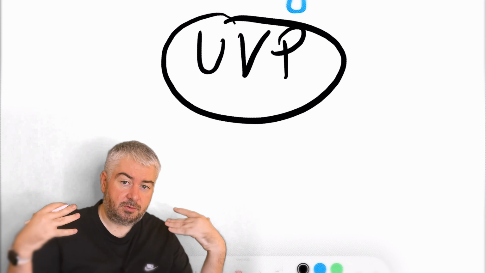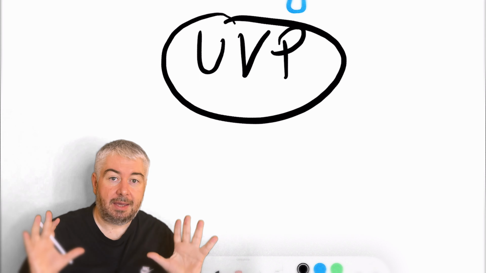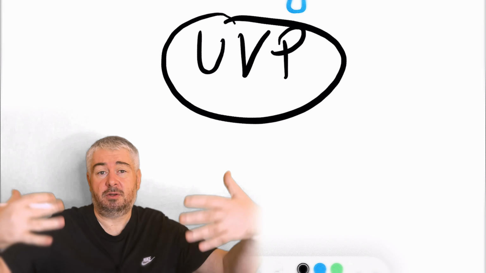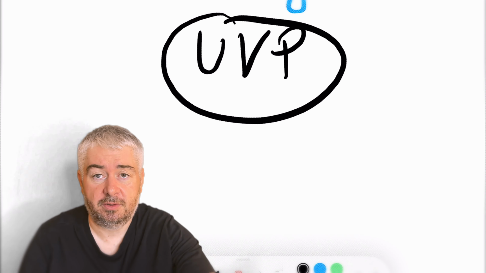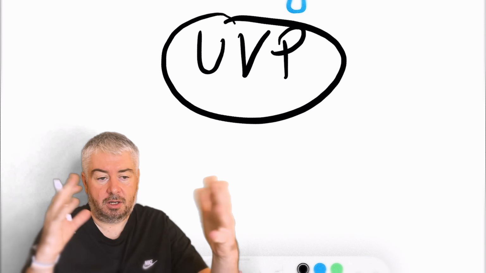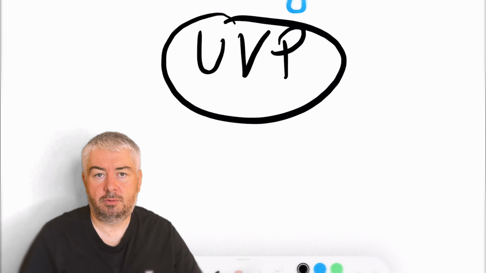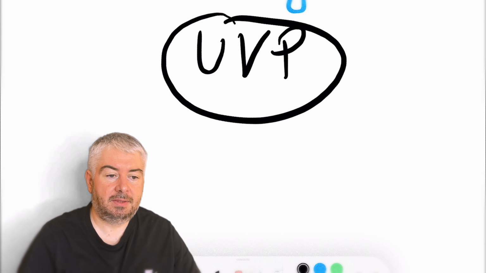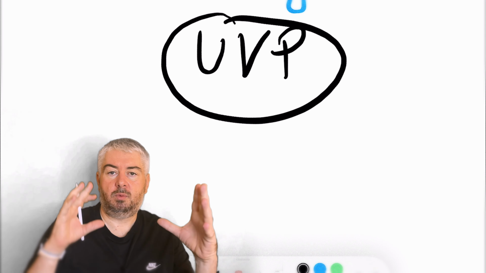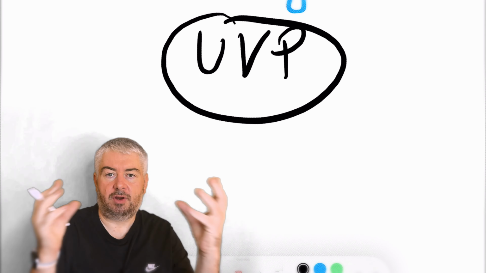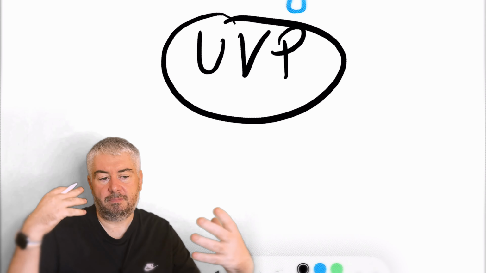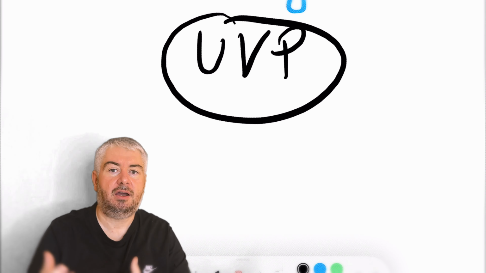Then we go back to the drawing board and we say, okay, can we really deliver this? Because if we start promising this, can we really deliver on this? If not, what would we have to do to be able to? And then once we understand that, we can start crafting those messages, and the more specific they are, the better.